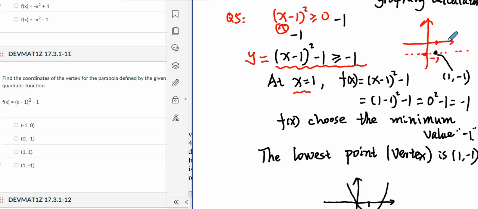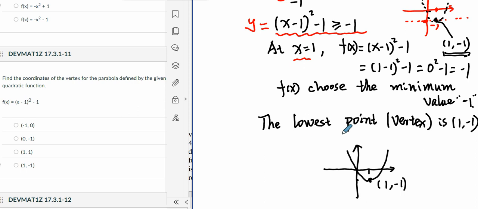So the graph is actually like that. Okay. So the vertex is the one right here, 1, negative 1. This is how we got 1, negative 1 right down here.